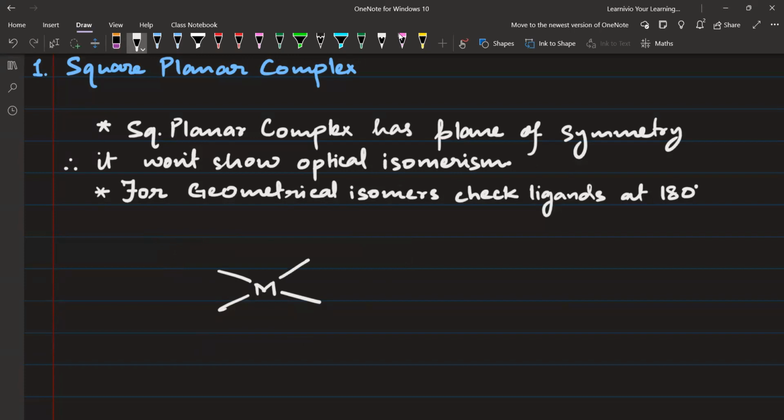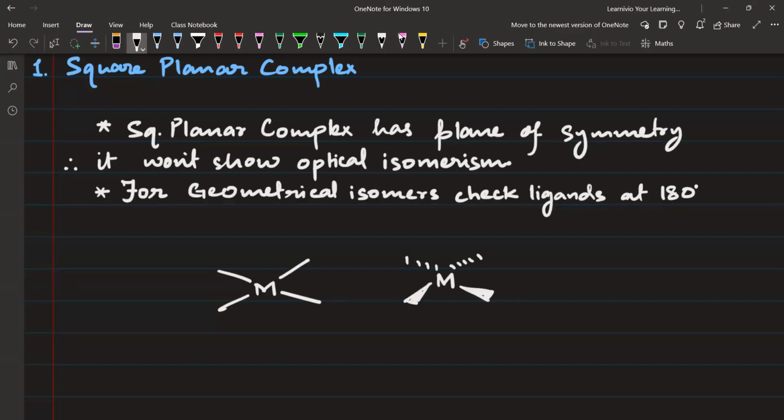If you want, if you keep your hand just on your eyes, है ना, तो फिर आपको एक इस तरह का दिखेगा कि we have metal and there are two ligands which are coming outside, and there are two ligands which are going back.